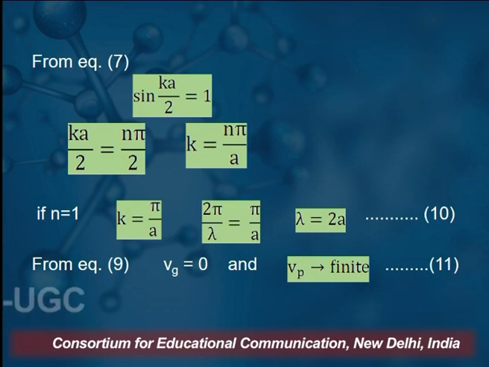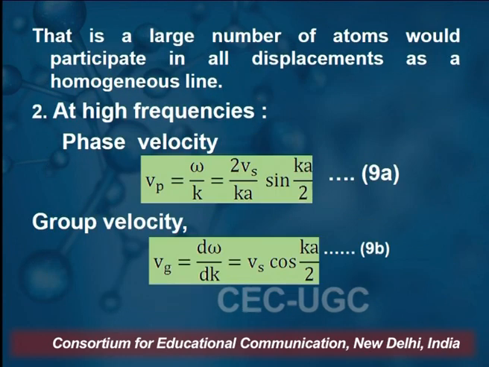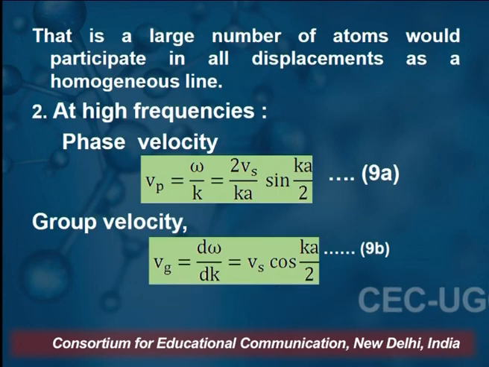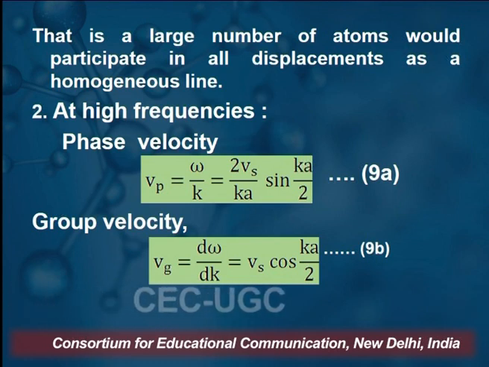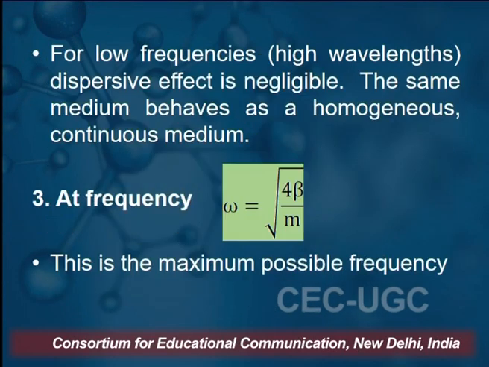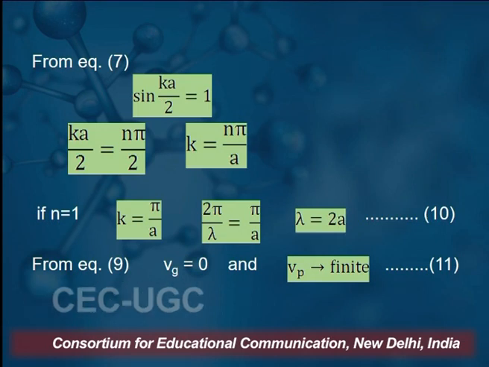So, from equation number 9, Vp equal to 2 Vs by Ka sine of Ka by 2, and Vg equal to Vs into cos Ka by 2, we find that Vg will be equal to 0 and Vp will have a finite value.